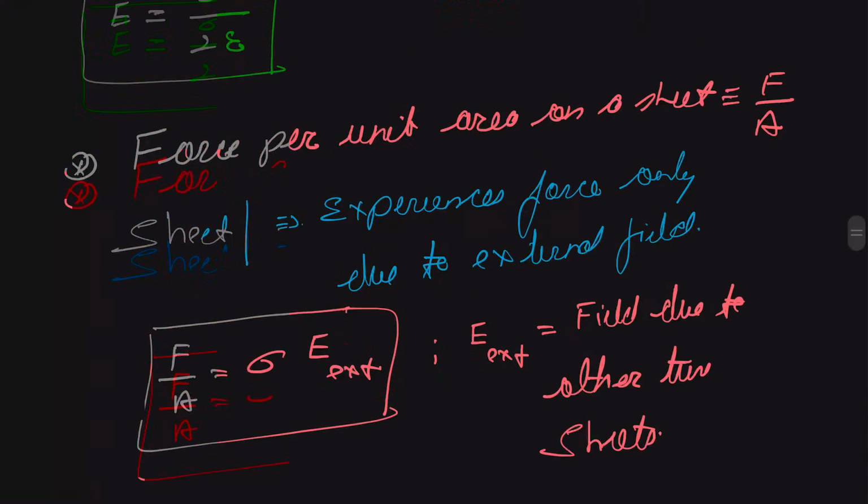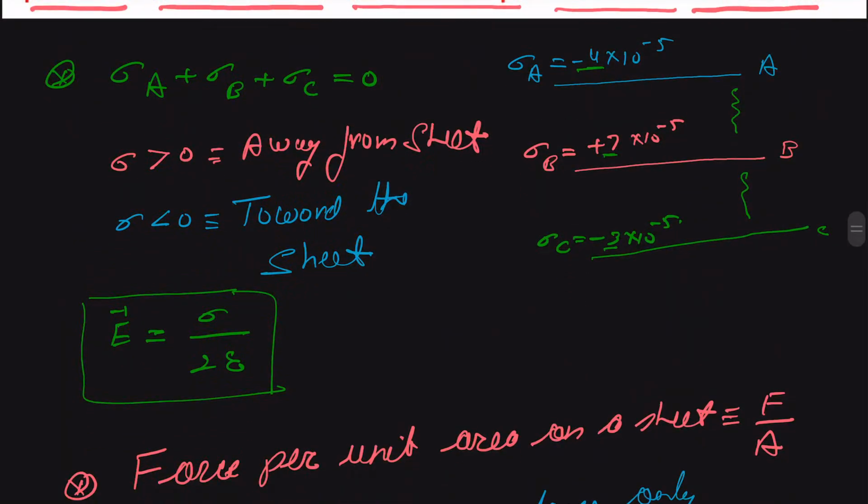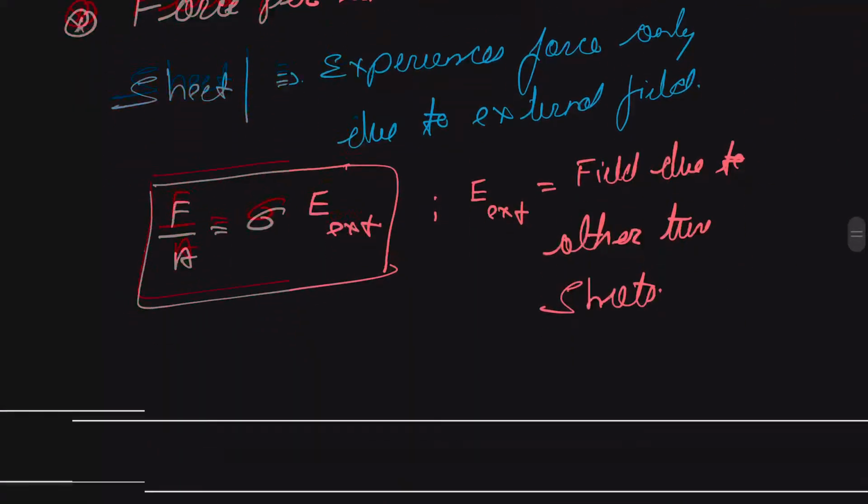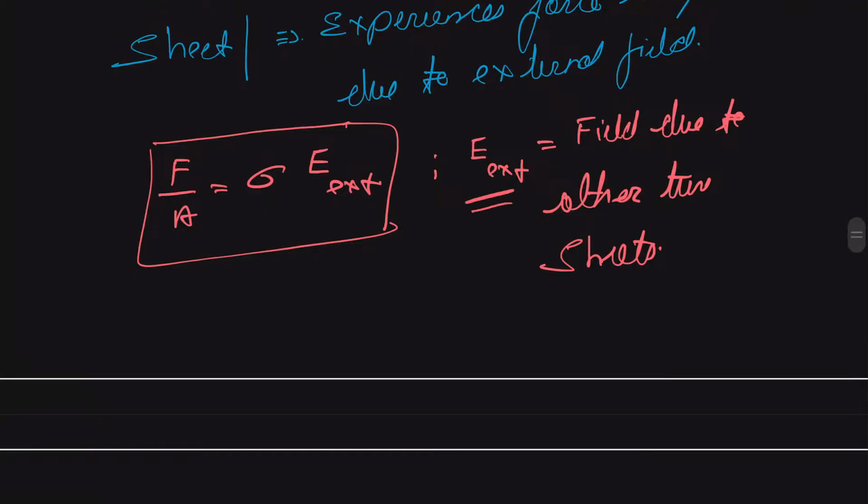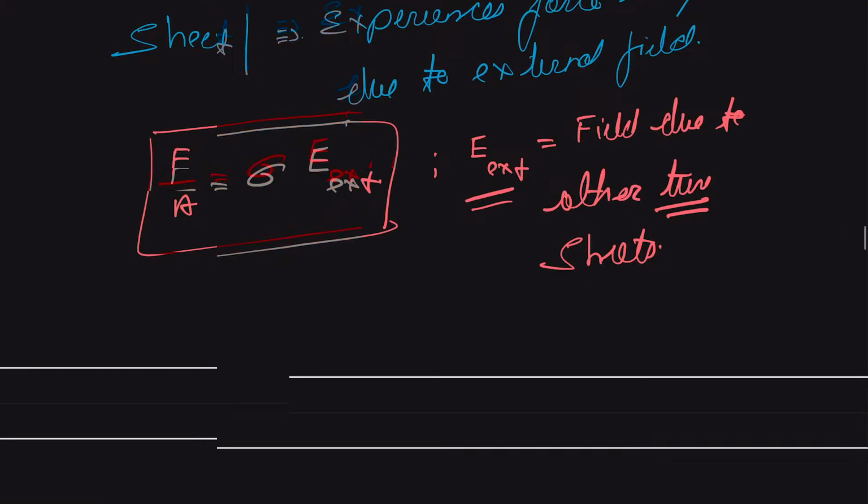Which basically means that if I want to find the force per unit area on A, then the external field on sheet A will be because of B and C. And if I want to find the external field on B, then it will be because of A and C. So in the three sheet system, the external field will be dependent upon the other two sheets. This we have to remember.